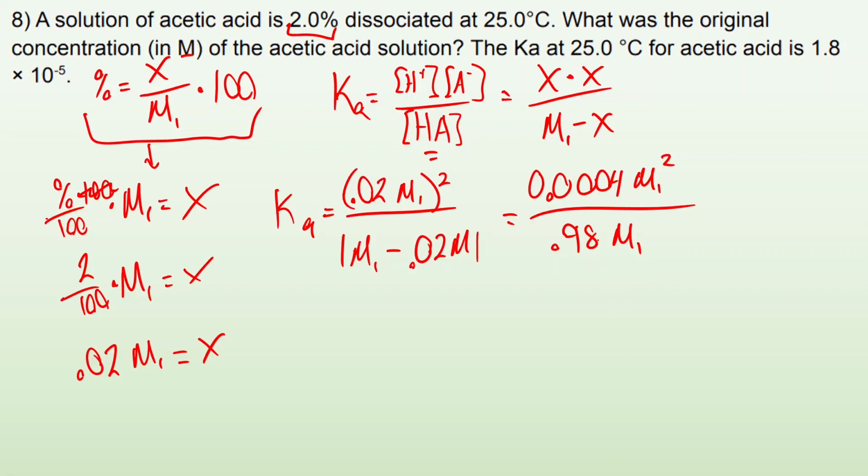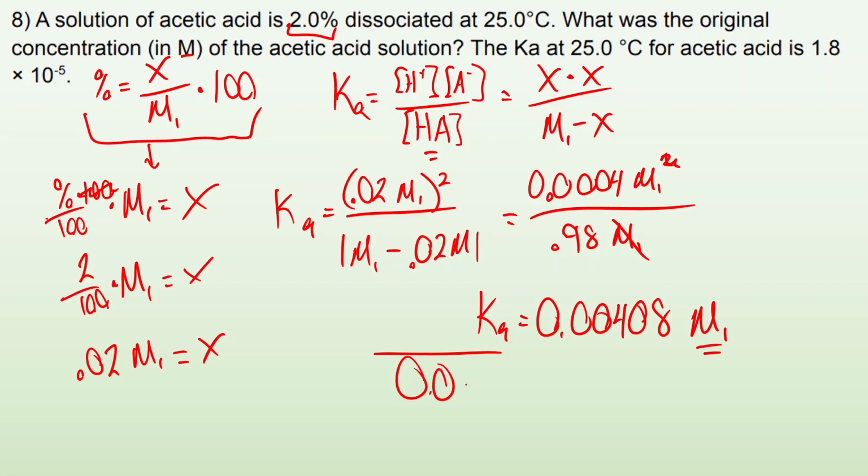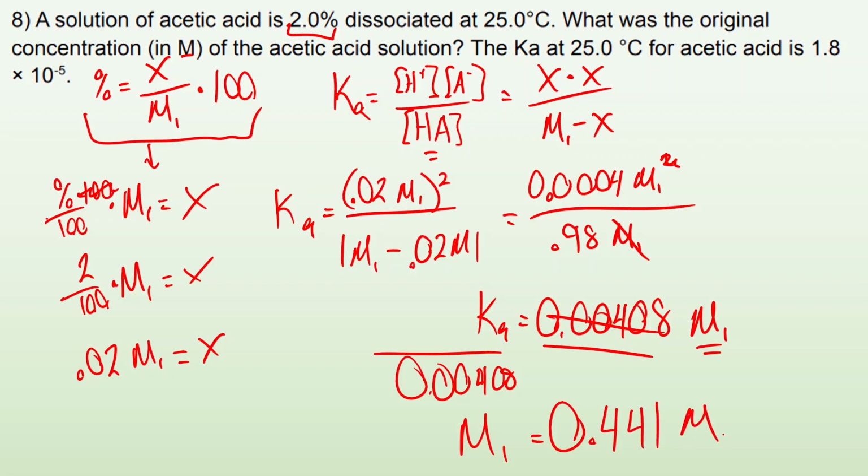Now this is kind of easy. This M1 cancels out one of those M1s, and I do a little math and get Ka equals 0.00408 M1. If I want to solve for M1, I divide each side by 0.00408, cancel that out, and I end up with M1 equaling 0.441 molar.